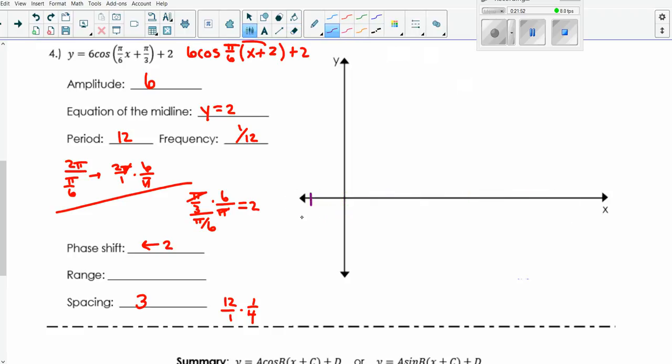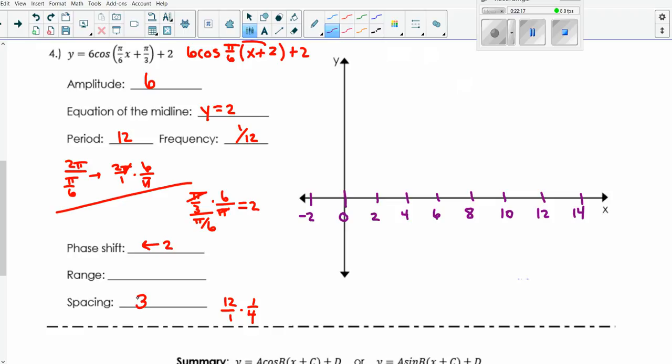I'm going to make this my -2 and then this my jump. So that's 1, 2, 3, 4, 5, 6, 7, 8. And notice that now I'm using much more space. Alright, so this is -2. This is 0, 2, 4, 6, 8, 10, 12, 14.